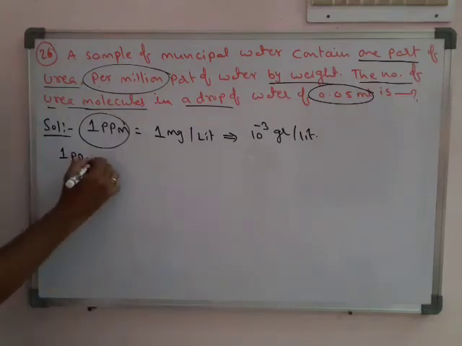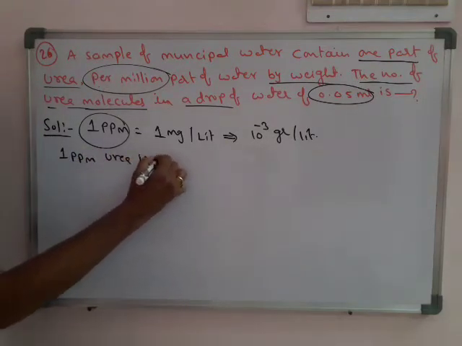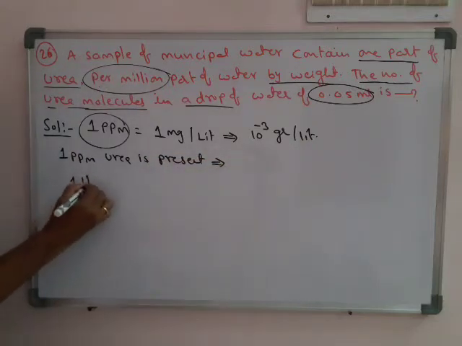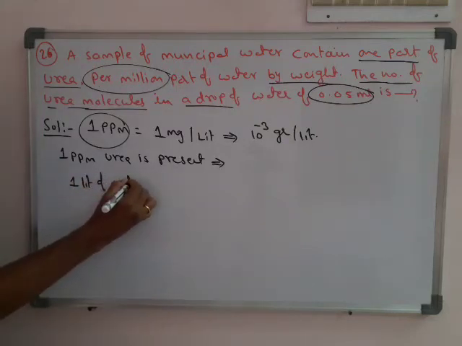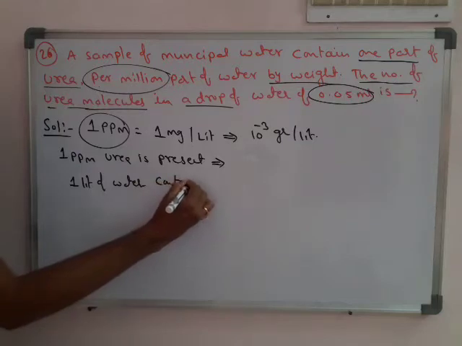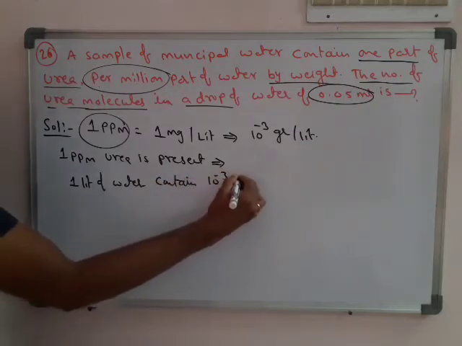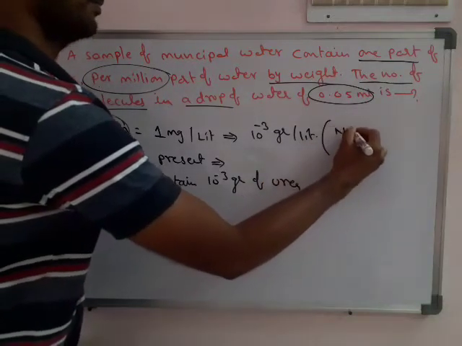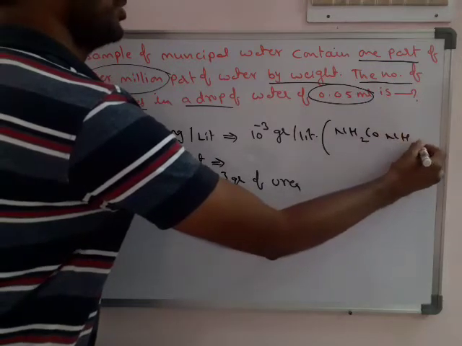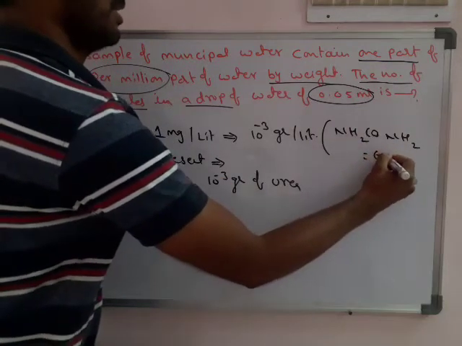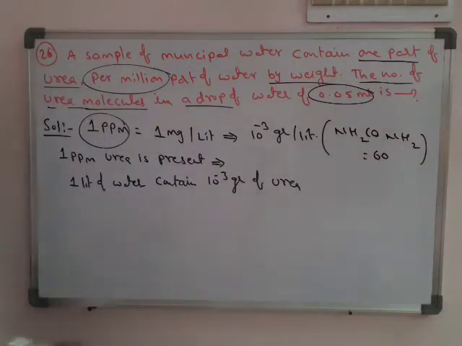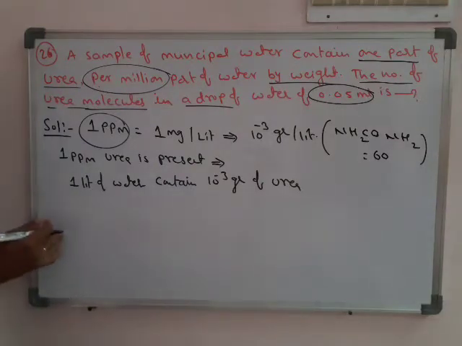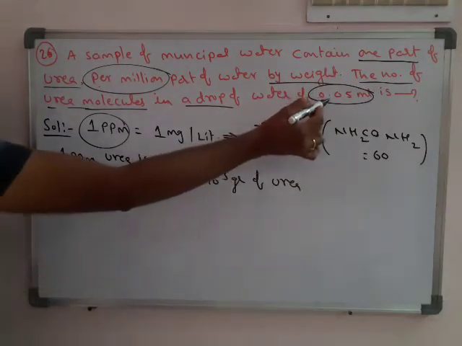So we can write, 1 liter of water contains how many grams of urea? 10⁻³ grams of urea. Just remember the urea formula is NH2CONH2, with molecular weight 60. One liter of water contains 10⁻³ grams of urea. It is given, so we have to find the urea.